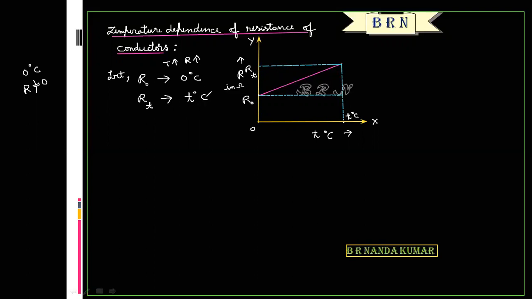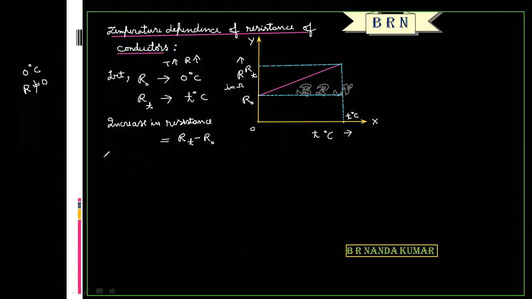So here, what is the increase in resistance? Very important. Increase in resistance, or change in resistance, is RT minus R naught.